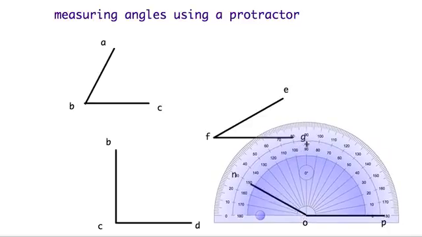Now, here's 90. If I start over here and work all the way over, is this angle going to measure about 30 degrees, or is it bigger than 90? If you said bigger than 90 and measures at about 150, you are correct.